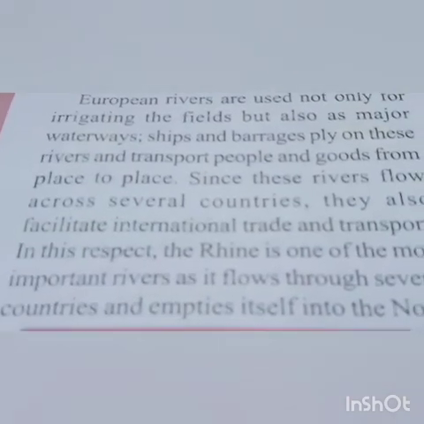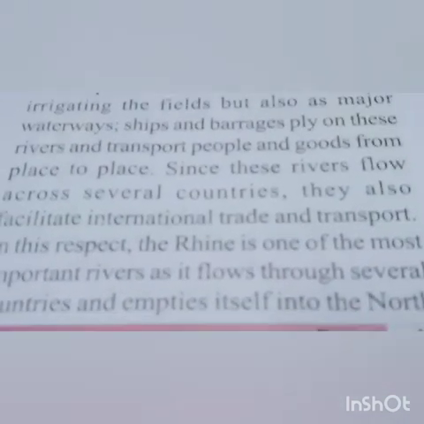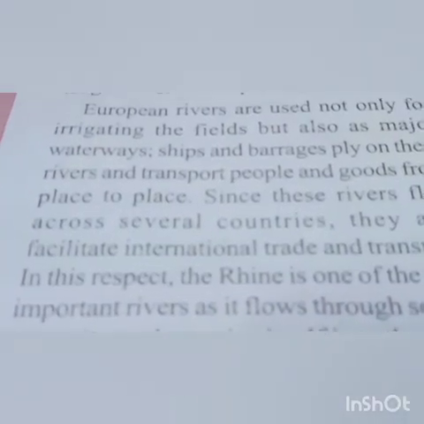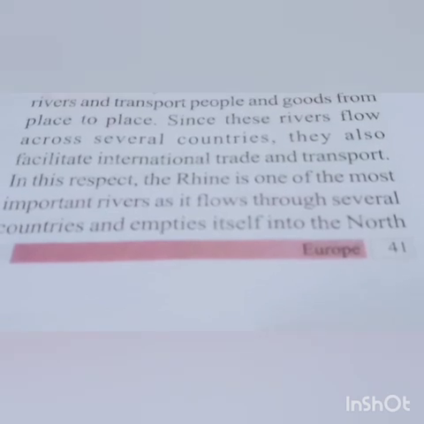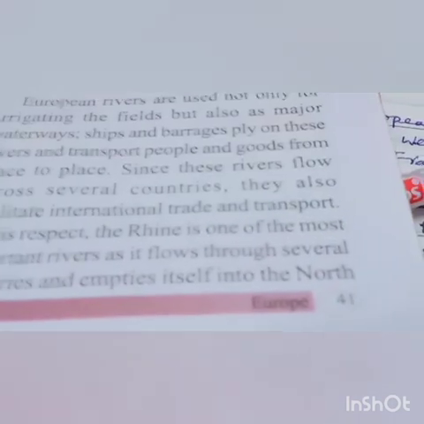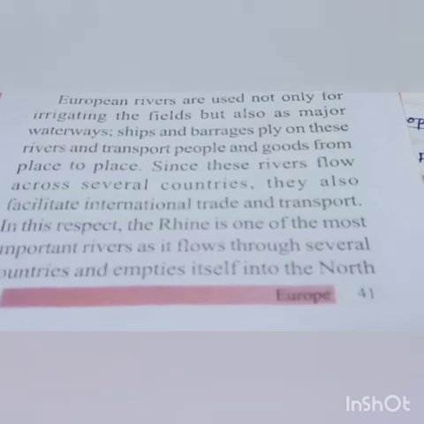These rivers flow across several countries. They also facilitate international trade and transport. In this respect, the Rhine is one of the most important rivers as it flows through several countries.